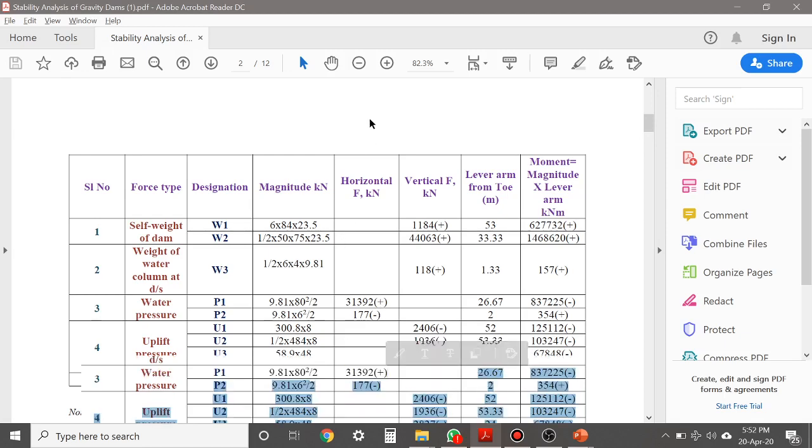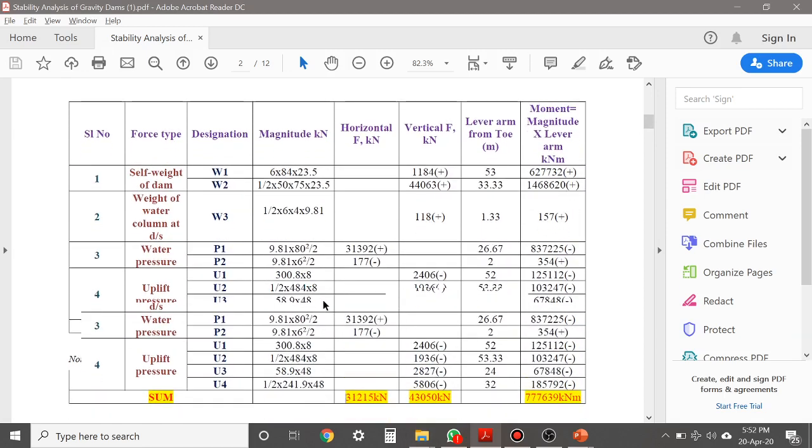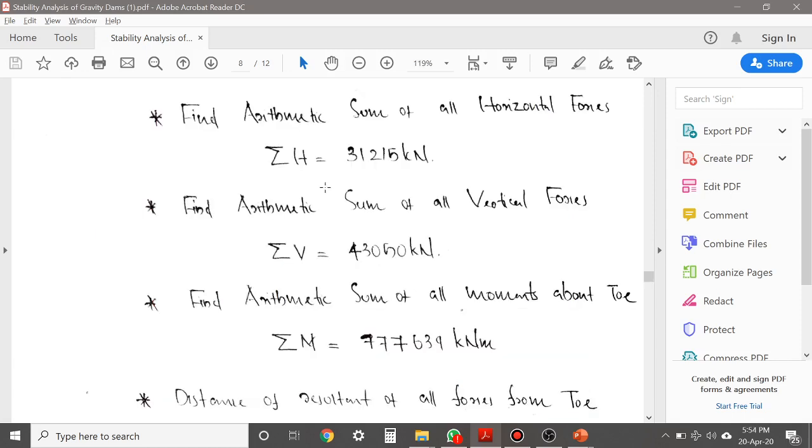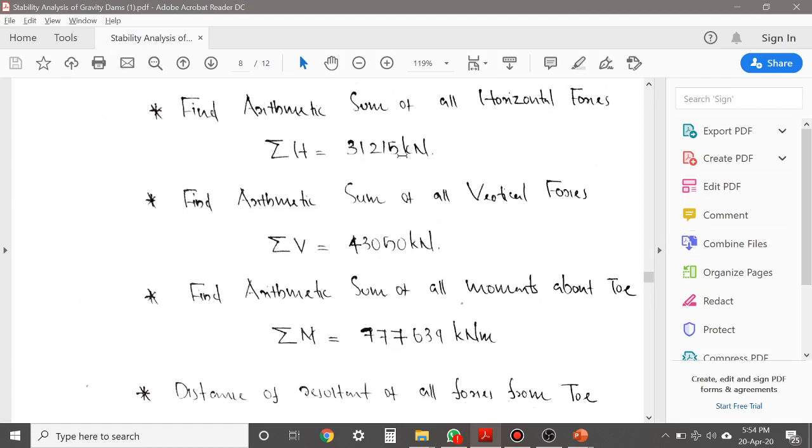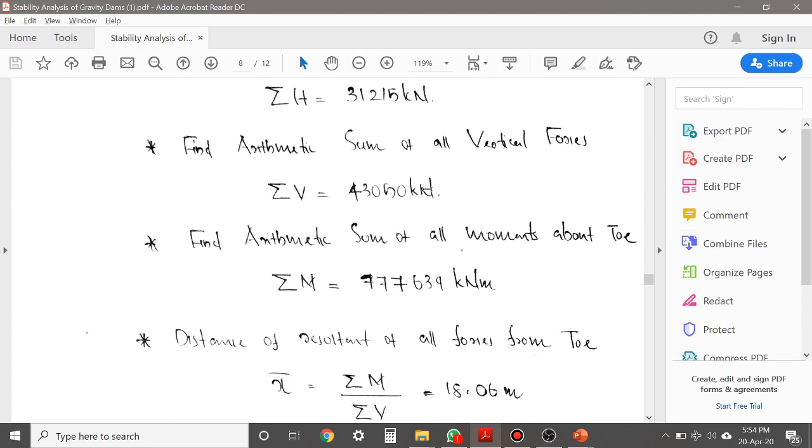You check with your calculator, you are getting the horizontal sum as this value, the vertical force sum as this value, and the arithmetic sum of moments equal to this value. So this is the summary of the arithmetic sum of horizontal forces, vertical forces and moments about toe.